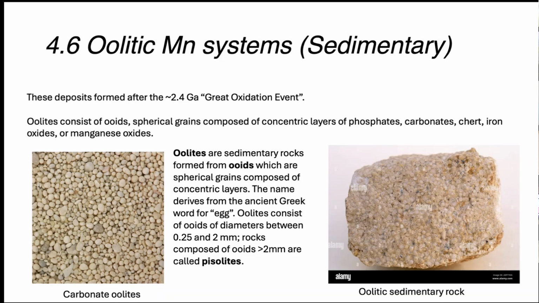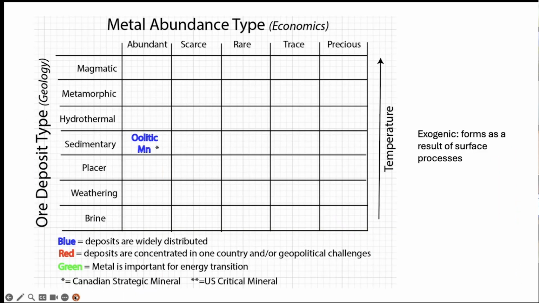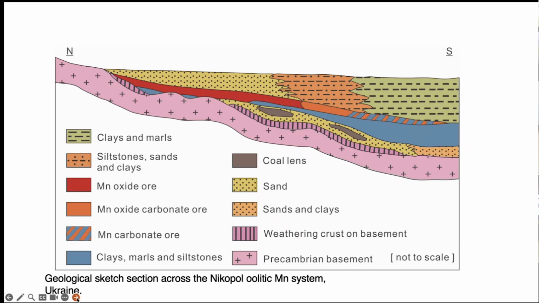So we have to imagine these manganese oolites. So that's oolitic manganese. It's not obviously sedimentary, exogenic, widely distributed. So this is a geologic sketch across the manganese system in Ukraine.